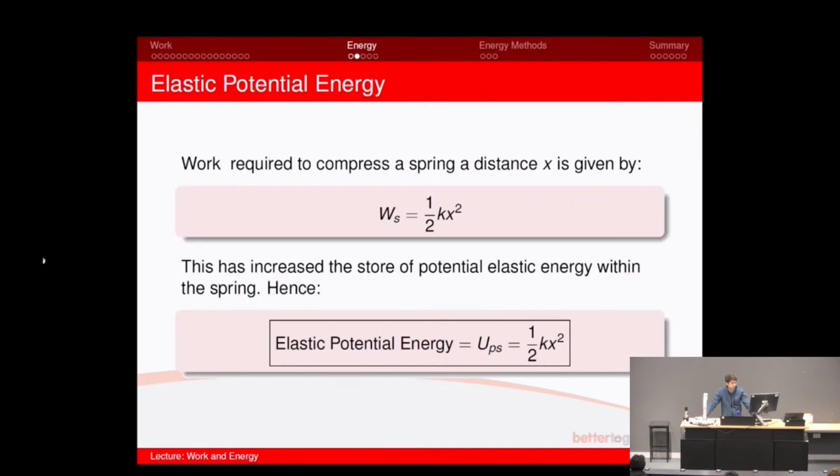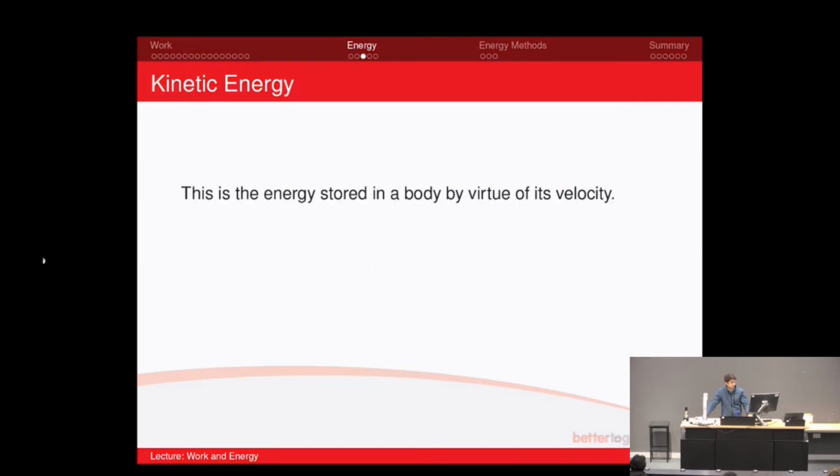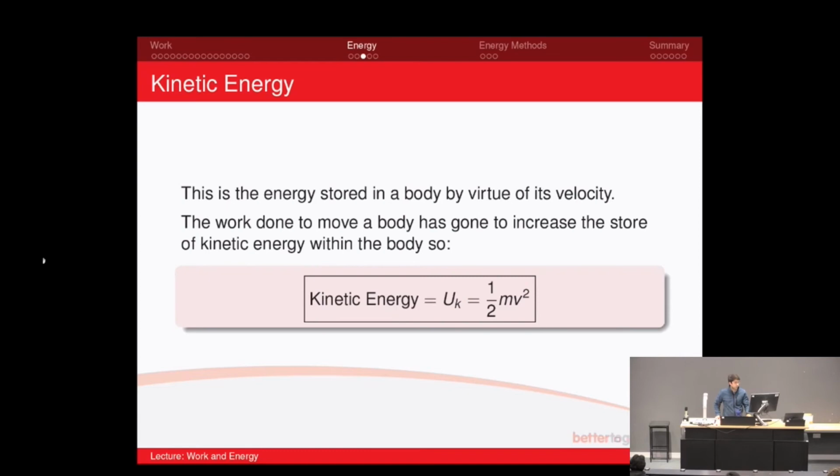And lastly, kinetic energy is when something is moving, and the work done to move a body has gone into increasing the store of its kinetic energy. So if it's moving at 1 meter per second and changes to moving at 2 meters per second, its kinetic energy has increased.